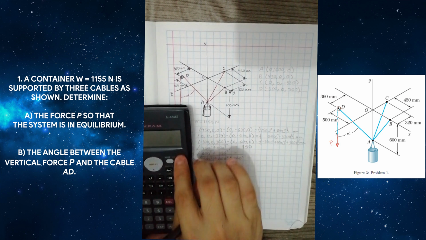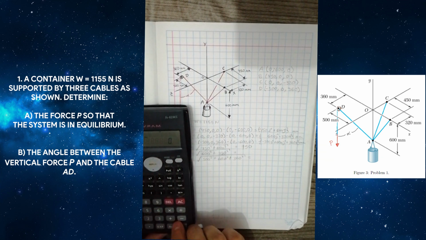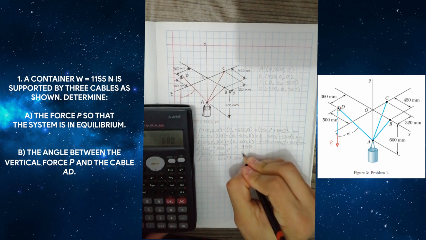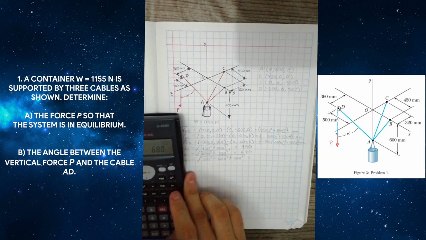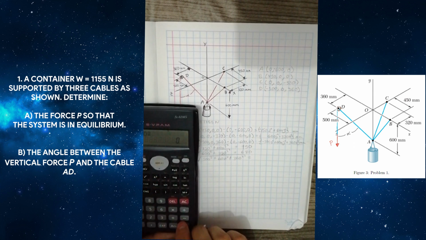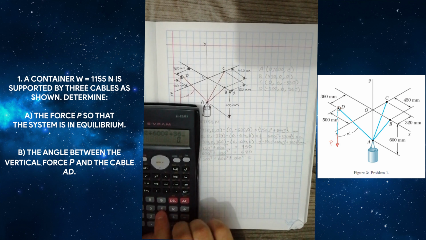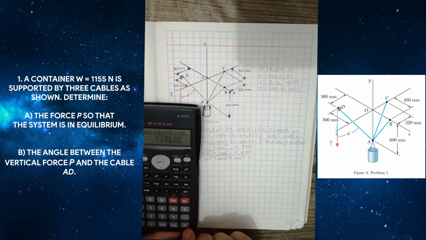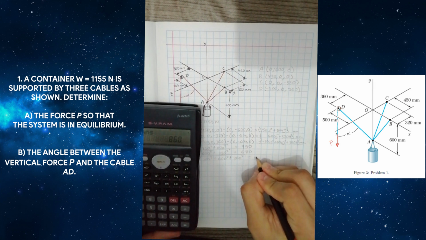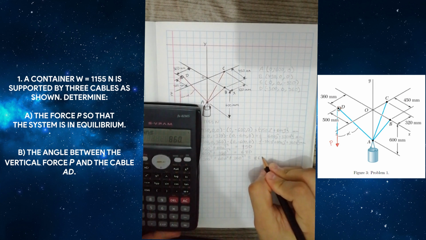For the next, 600 square plus 320 square, square root, is 680. And for the last, 500 square plus 600 square plus 360 square, all in square root, that is 860.